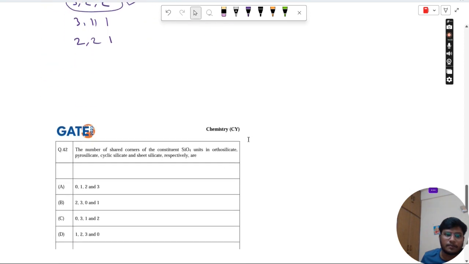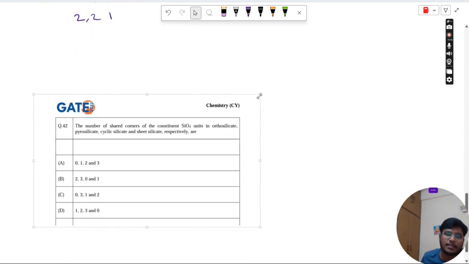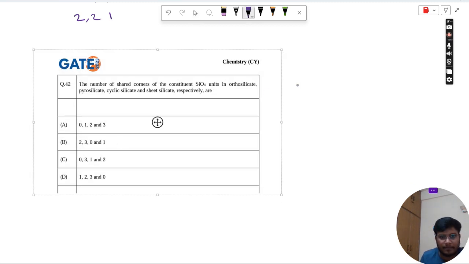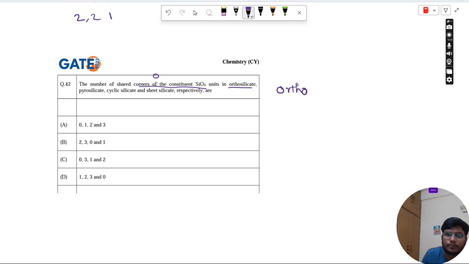The next question is an important question which was asked in GATE 2023. I even appeared for this exam also. The question is, the number of shared corner oxygens in SiO4 units. In the corners oxygen will be shared, otherwise the silicate will not be shared. I'll represent orthosilicate, and this is pyrosilicate, and the next one is cyclic and sheet silicate.